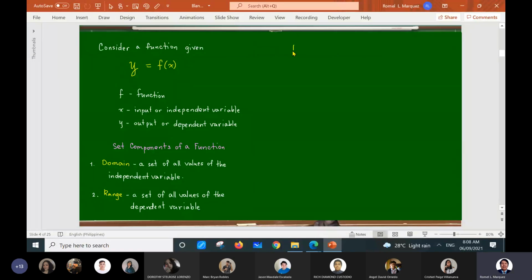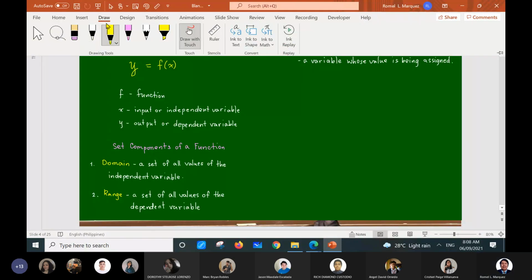And when we say independent variable, it means what, guys? It is a variable whose value is being assigned. Okay, guys?